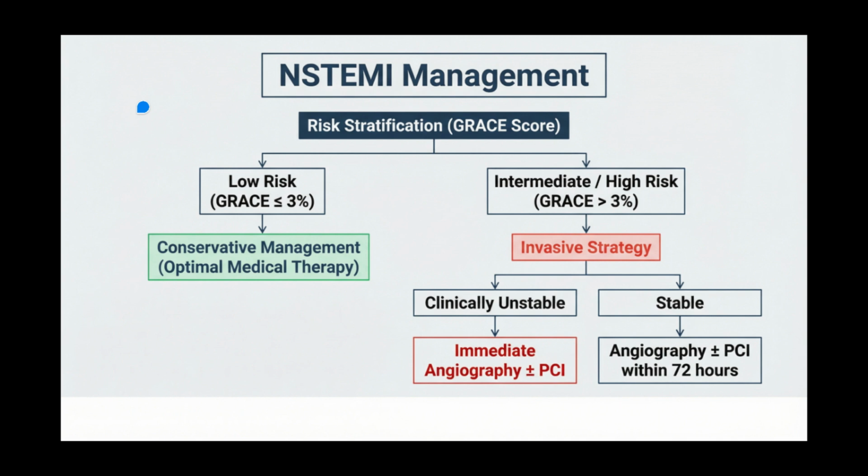Coronary angiography with possible PCI should be performed immediately if the patient is clinically unstable, or within 72 hours if the patient is stable. Low-risk patients with a GRACE score of 3% or less are managed conservatively with optimal medical therapy.